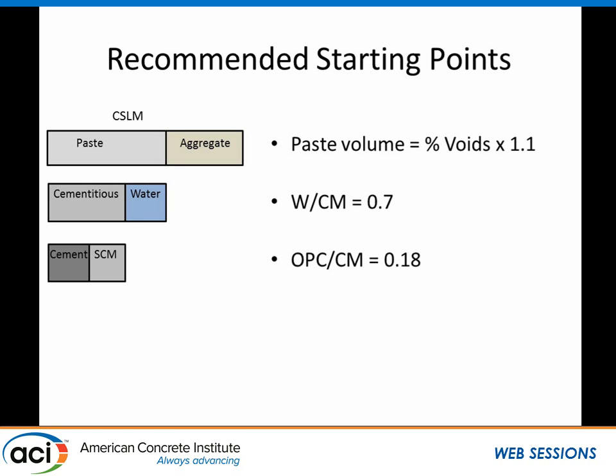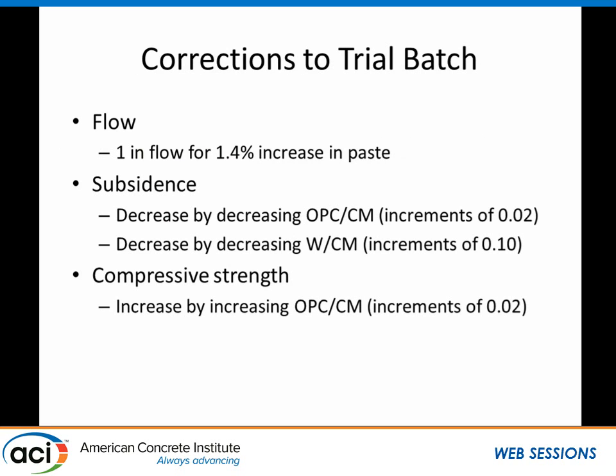The second recommendation is to start with a water cementitious ratio of 0.7 and an OPC versus cementitious material ratio of 0.18. Make up this material and do some testing on subsidence, strength development, and flow. And then we have these corrections to suggest.